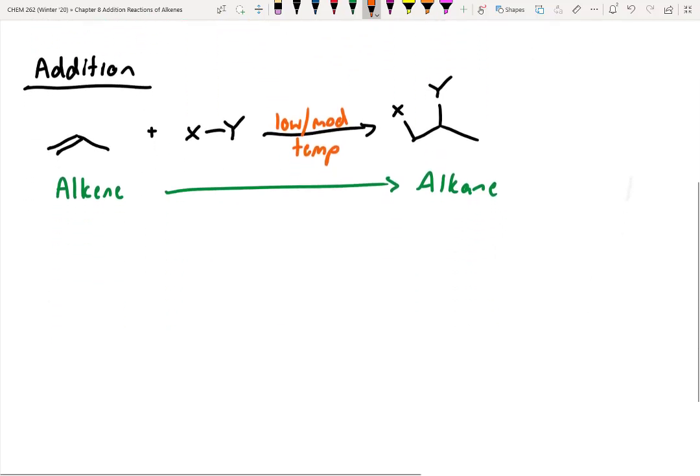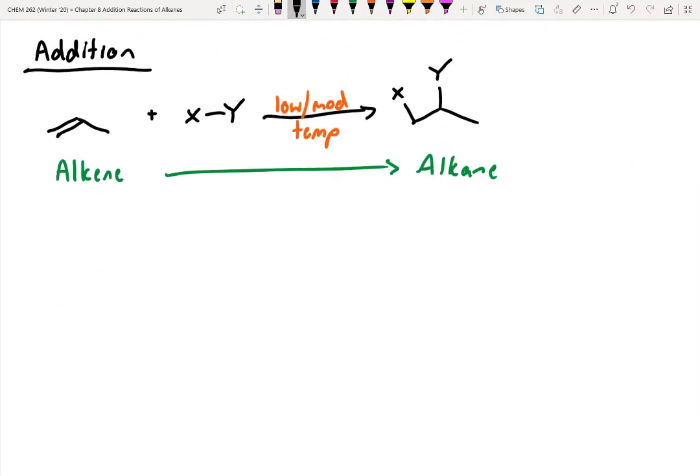All right. Now I did want to make an important note here. Last chapter, or even before that, we talked about nucleophiles a lot, right? What makes a good nucleophile? Something that's not bulky.